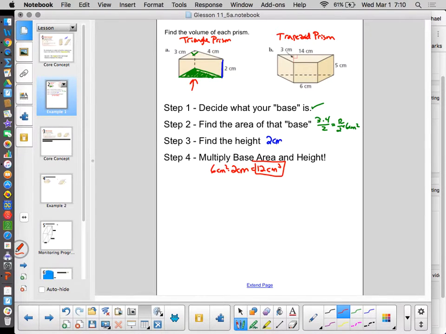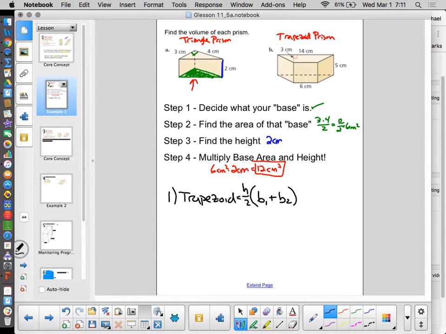We could do the same thing for the trapezoid prism. Step 1, the base is a trapezoid. And the formula for the area of a trapezoid, in case you have forgotten it, because this is something that is carried over from other books in the Big Ideas series, is height over 2 times base 1 plus base 2.